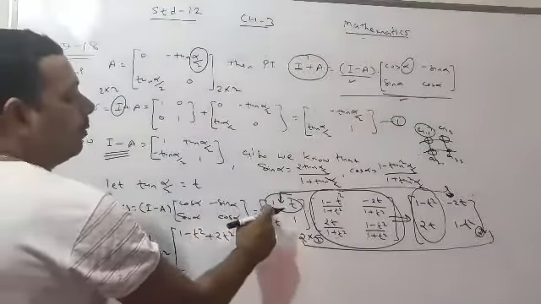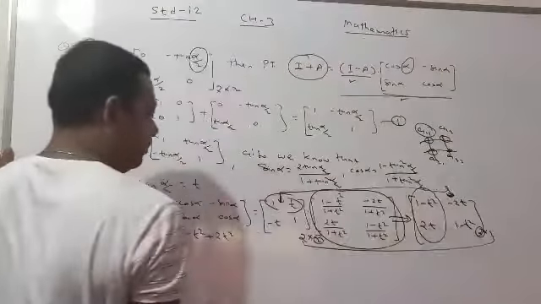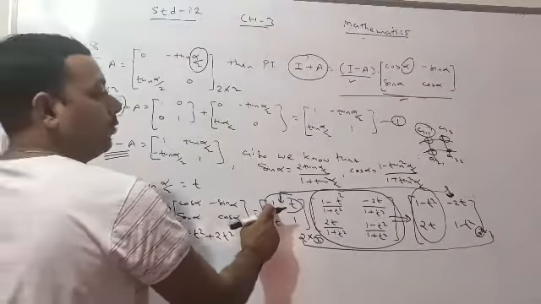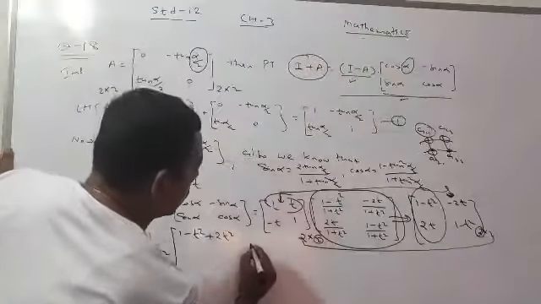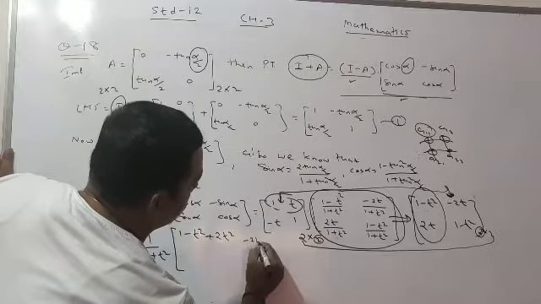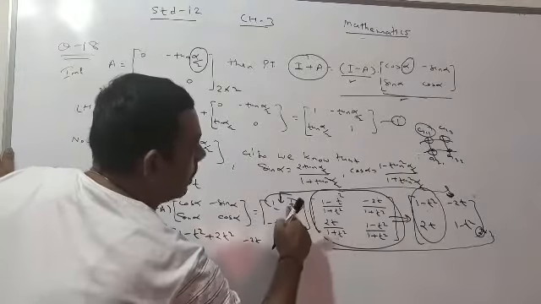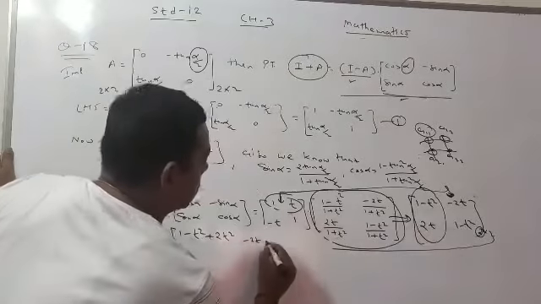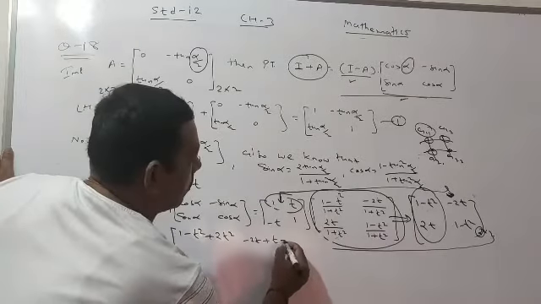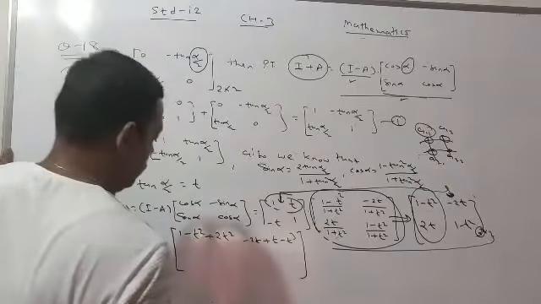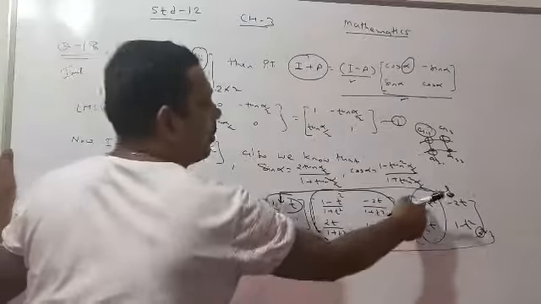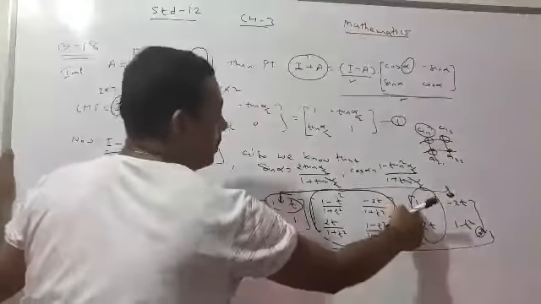1, 2 means first row, second column. So first row means 1 multiply with minus 2t. So we wrote minus 2t. And t multiply with this. So it is plus t minus t cube. Now second row, first column. So minus t multiply with this.